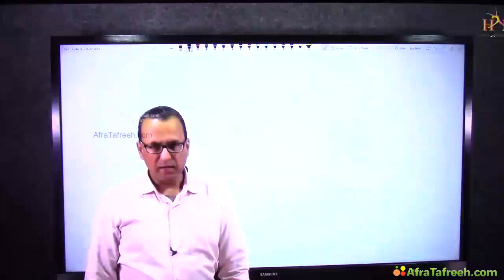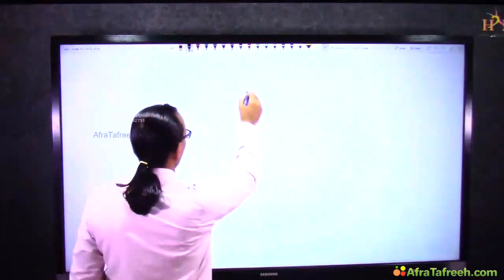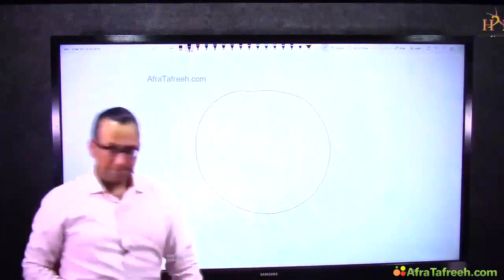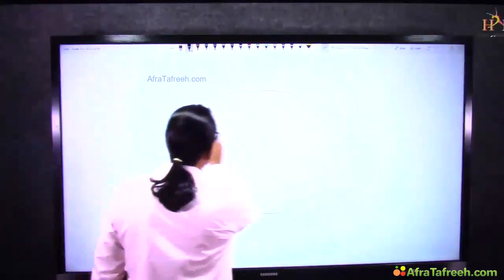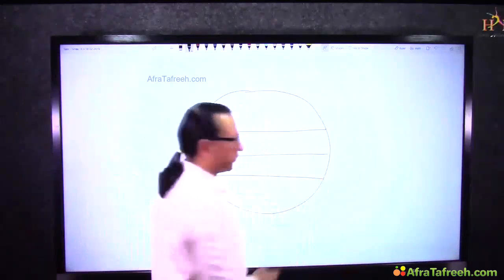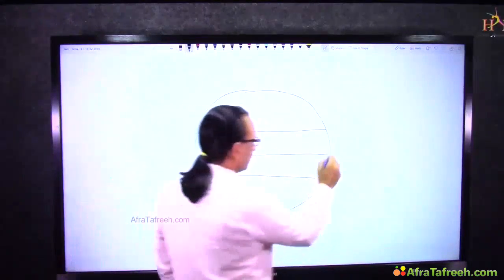So let us make a diagram which is actually the transverse section of the embryo, showing the three germ layers after gastrulation, and what we are focusing upon is the mesoderm.